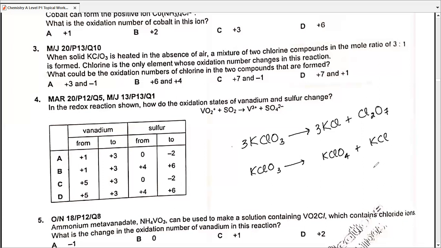Does it make sense? KClO4, because this is -2 and 4. This is +7 and this is +1. That's how the whole thing balances. It's not even KClO5, because KClO5 means chlorine goes to +9, which doesn't seem to be possible.